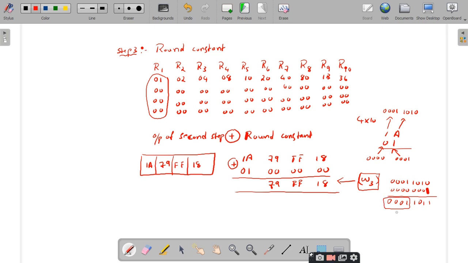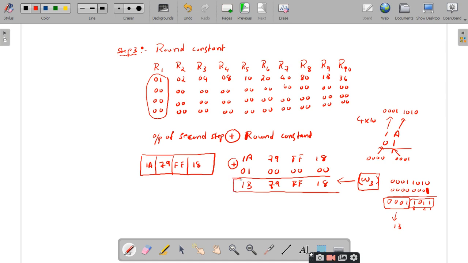Again convert it into hexadecimal. This is 1. What is the value here? 1011 means 8 plus 2 plus 1, that is 11. So how do you represent 11 in hexadecimal notation? B, sir. B, right? So here I will get 1B.